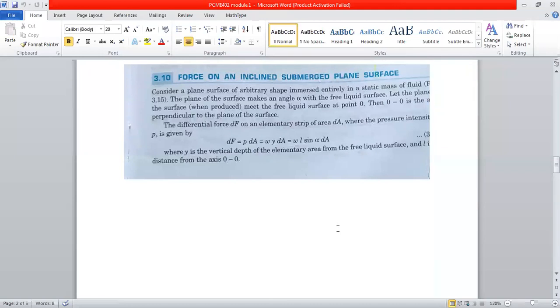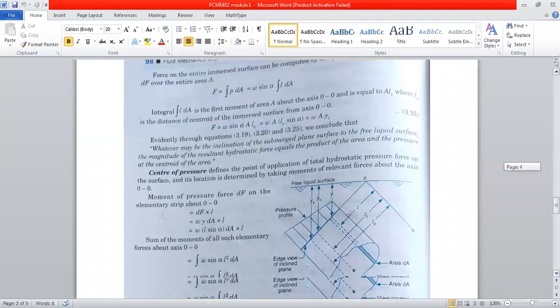So what is the P? P means rho g H. So here rho g is small w, and the distance of this elementary strip to the free liquid surface is y.